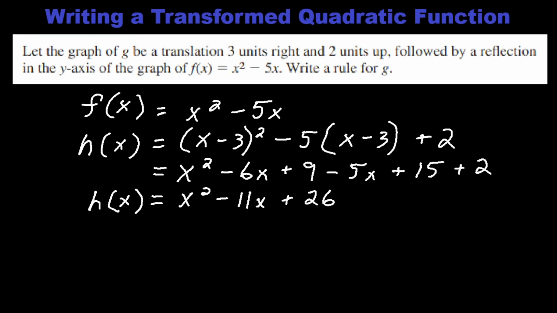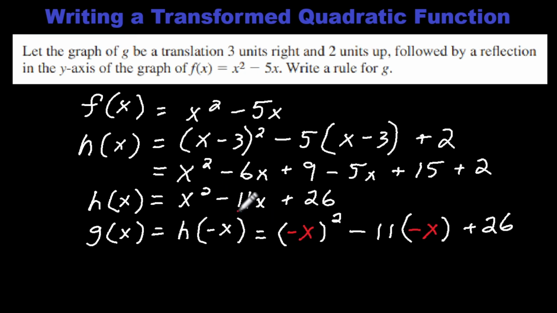So in the new function, we'll call it g of x. And g of x is simply going to be h of x with negative x's. I'm going to replace all of the x values with their opposite. So I'm going to have h of minus x. Reflecting this, I'm simply changing the x values to their opposite.